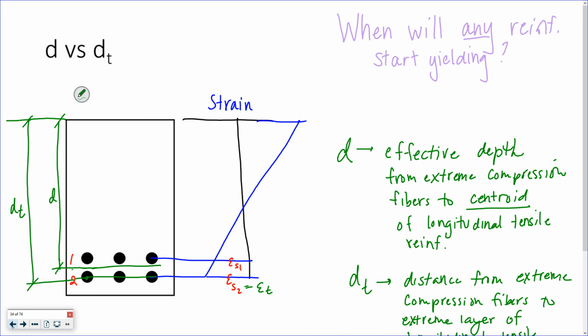I go back to this thing, I just said ES2 is in layer 2. That's my layer 2, my extreme tensile reinforcement, so that would be my ET.